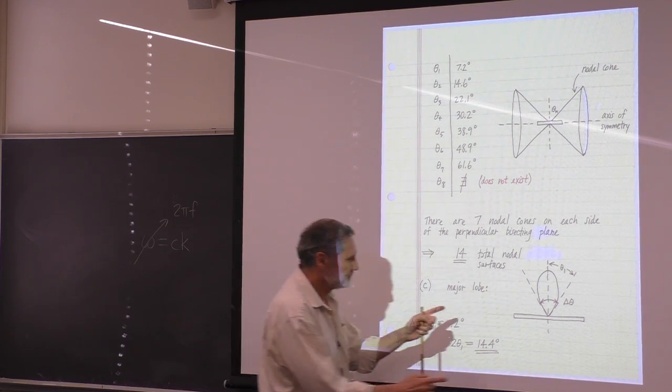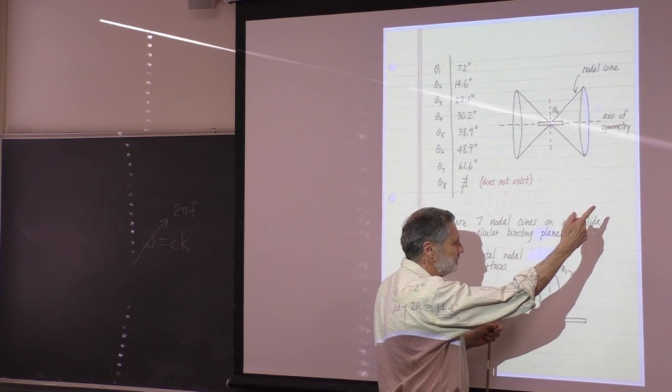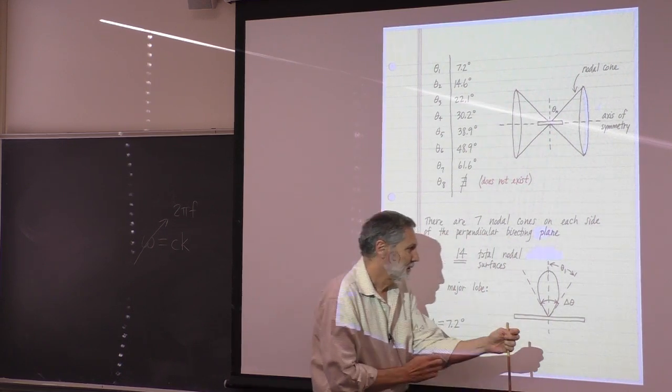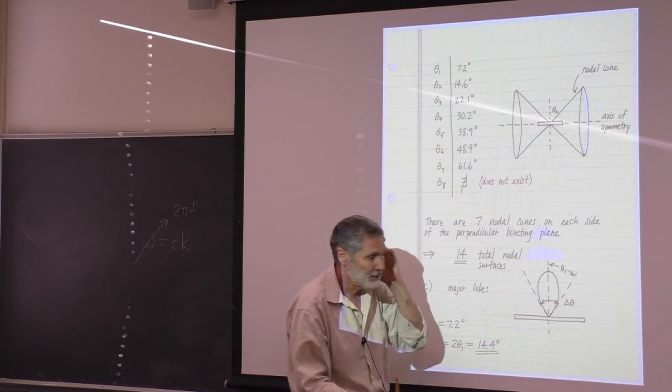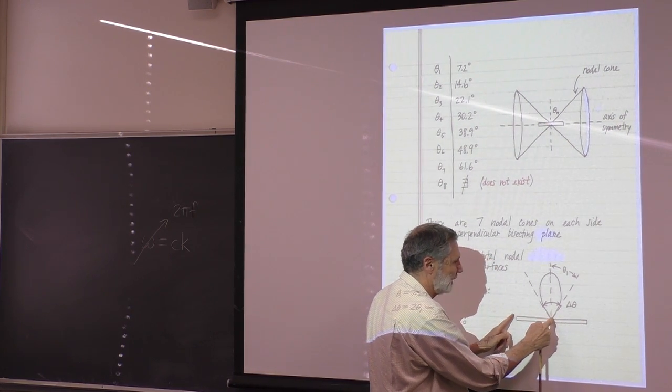You might think, okay, if you've just got these 2-point sources here, you're going to have a major lobe with the same amplitude as the central lobe, right? So you might think, why don't I just consider these two and then march along here and add them all up together?